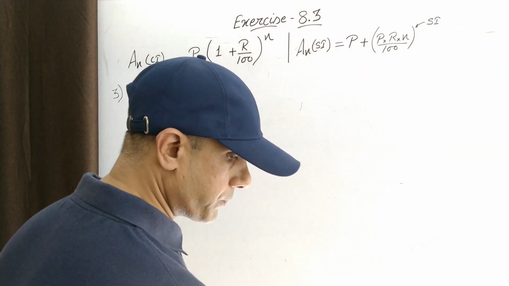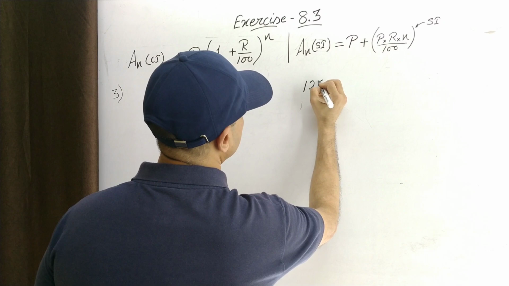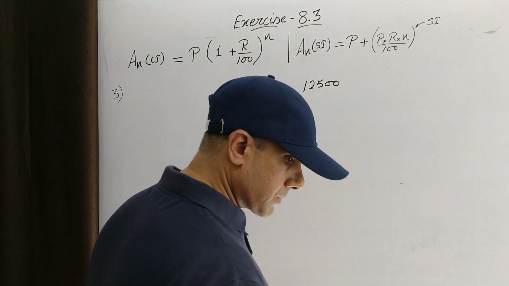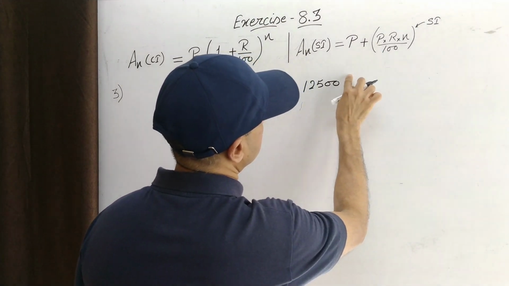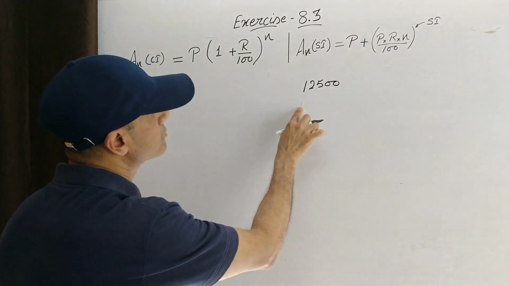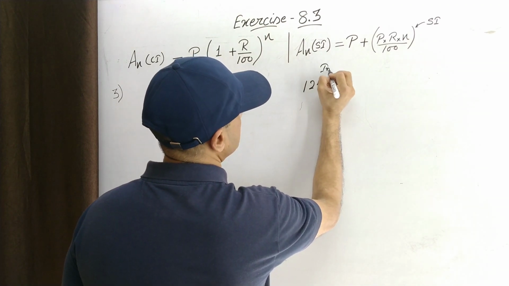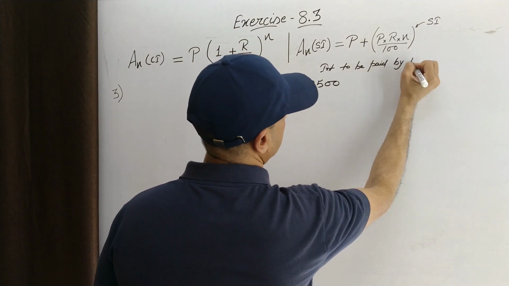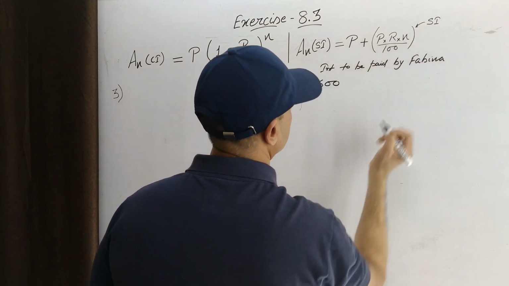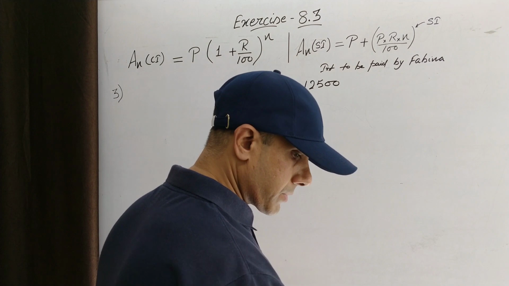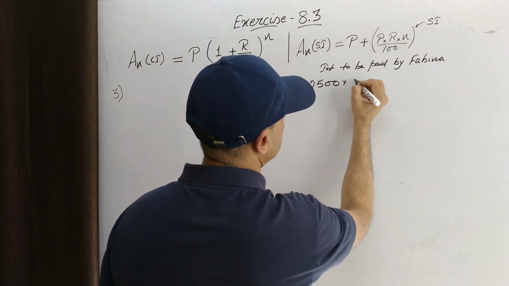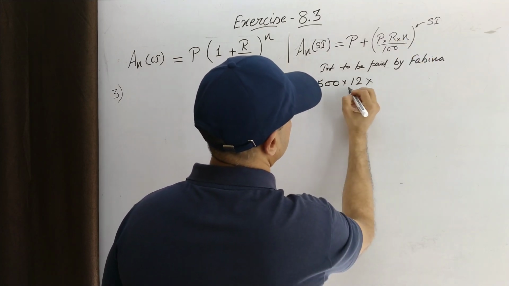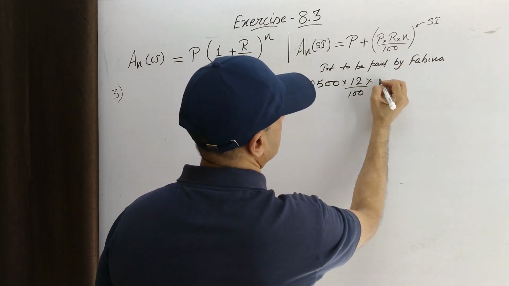She borrows 12,500. So this is the principal amount for 3 years. So we are calculating the interest to be paid by Fabina. This is at the rate of 12% for 3 years.